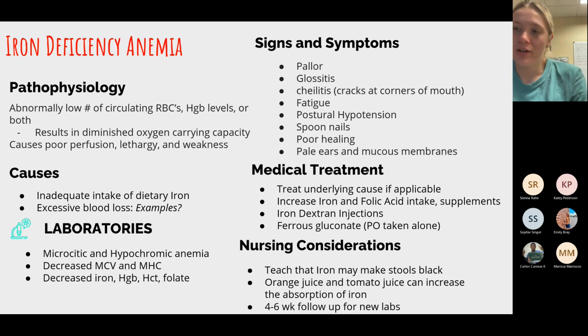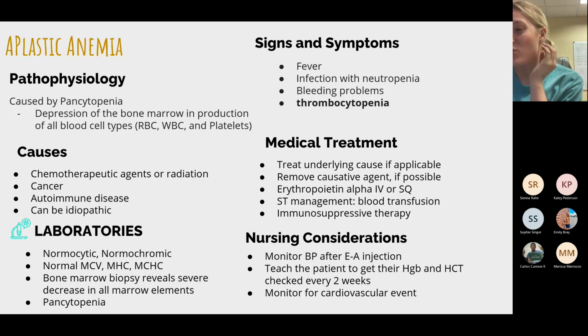Also, if we're eating something like a burger or a steak, taking it with orange juice and tomato juice helps increase the absorption of iron. But if your patient is taking oral ferrous tablets, oral iron tablets, let them know it's probably going to turn their stools pretty dark.